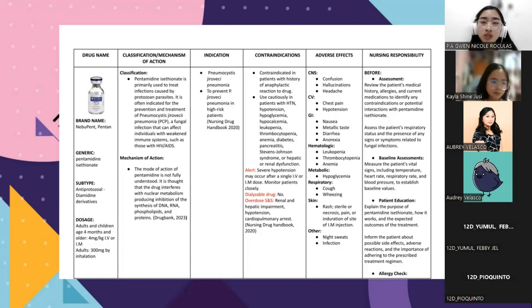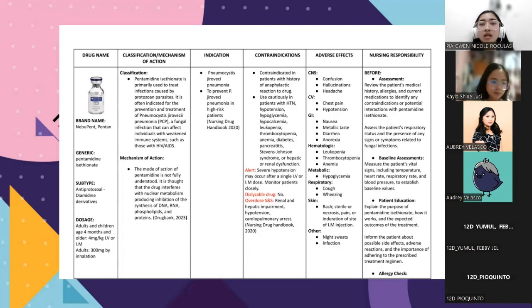So other, night sweats, then infection. So for the nursing responsibility, we have here the assessment. So we have to remember to review the patient's medical history, allergies, and current medications. This is for us to know the contraindications or identify potential interactions with this specific drug, and then assess the patient's respiratory status and the presence of any signs or symptoms related to fungal infections.